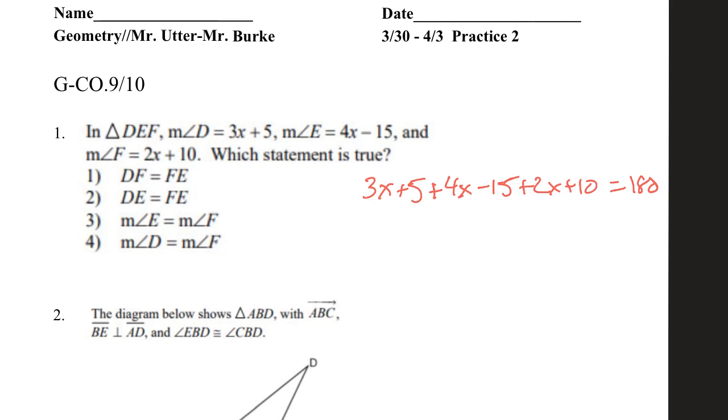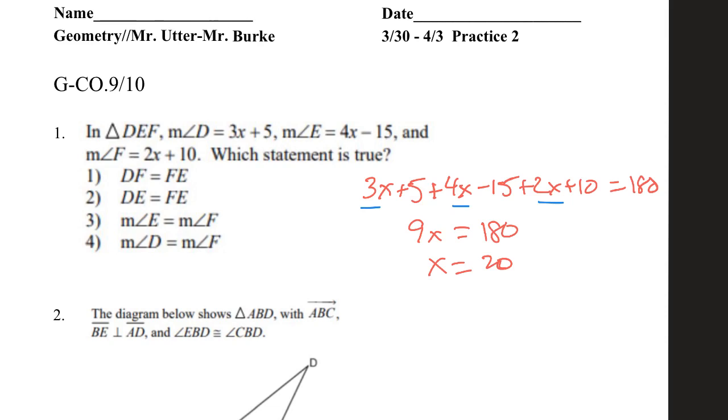And now we add up all of our like terms, and that's 9x. And then we have plus 5, plus 10, and then minus 15. Well, that just cancels out. And then I have 180 left on the other side. So now divide by 9 on both sides, and we get x is equal to 20.